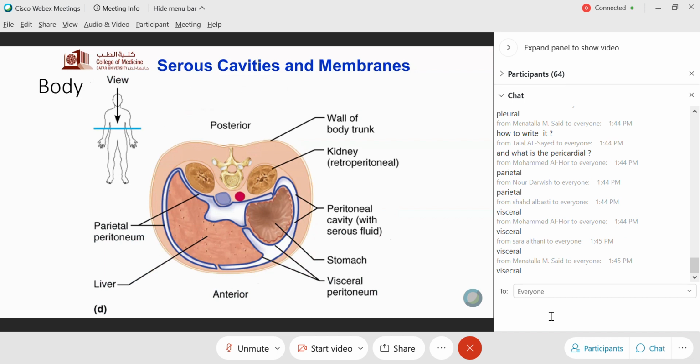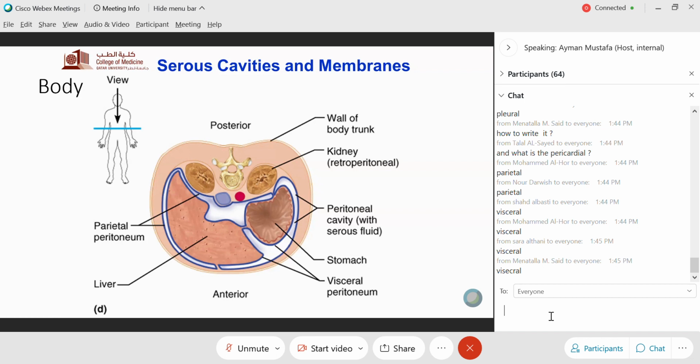More examples. We have a serous membrane located mainly in your abdomen. This time it covers multiple organs, not only one organ. What do you call the serous membrane in the abdomen? Peritoneum. So peritoneum is a serous membrane found in the abdomen, and it covers multiple organs like the liver, the stomach, parts of the large intestine, part of the small intestine.